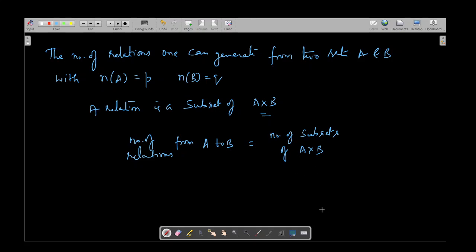So the total number of subsets we can generate from A cross B is equal to the total number of relations that can be generated from A to B.